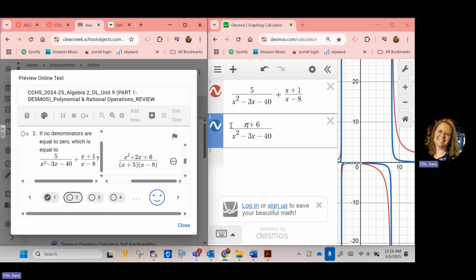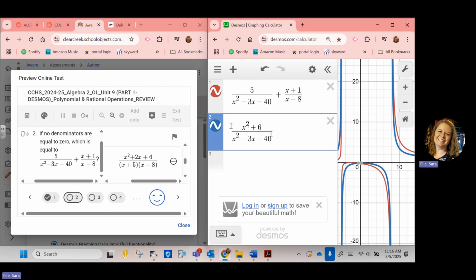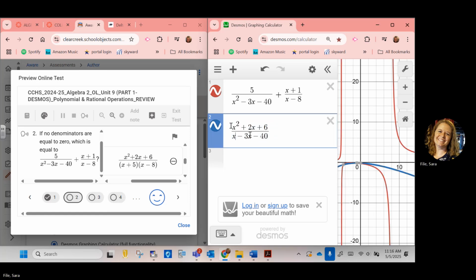This next one has my numerator as x squared plus 2x plus 6, and my denominator as x plus 5 times x minus 8. Ooh, those are much closer, but you can still see a difference.